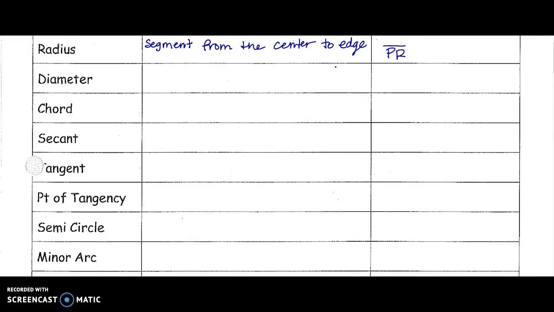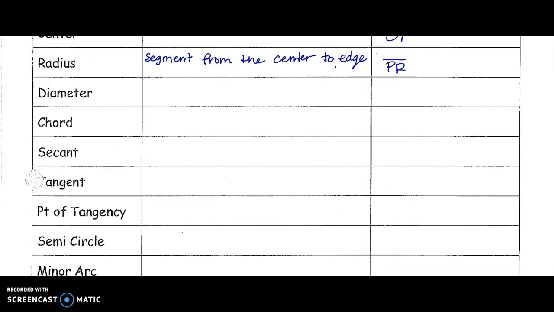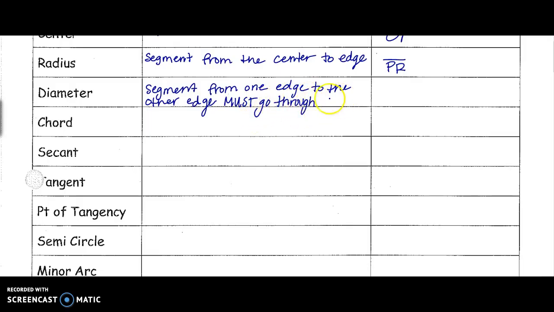The next one we're going to talk about is the diameter. The diameter is also a segment, but this goes from one edge of the circle to another edge. One thing about the diameter is it must go through the center.